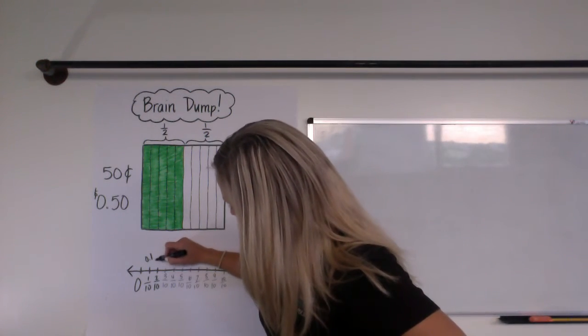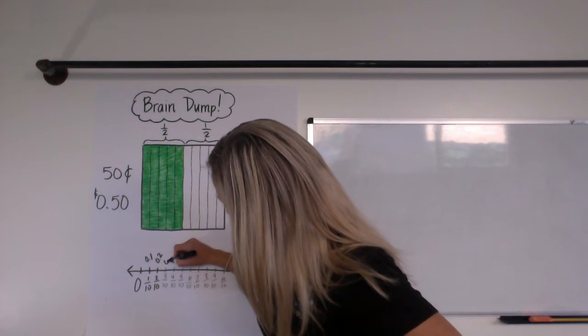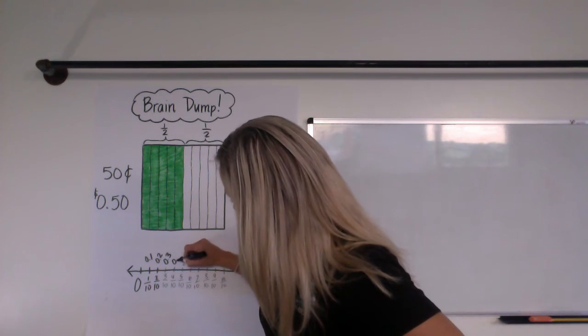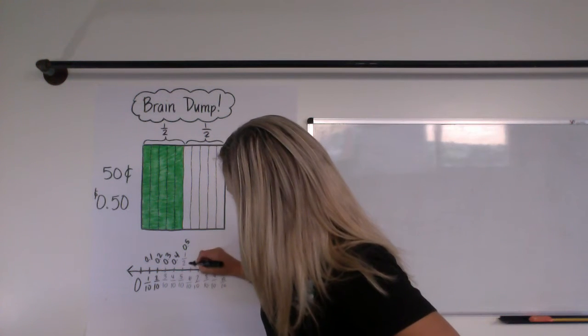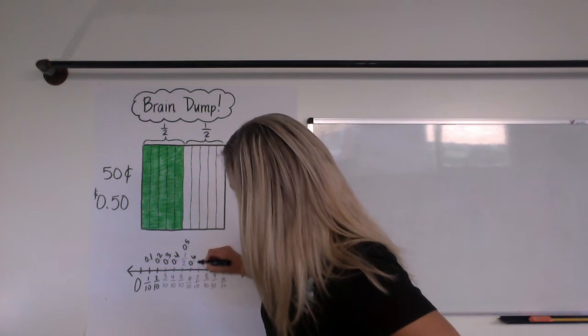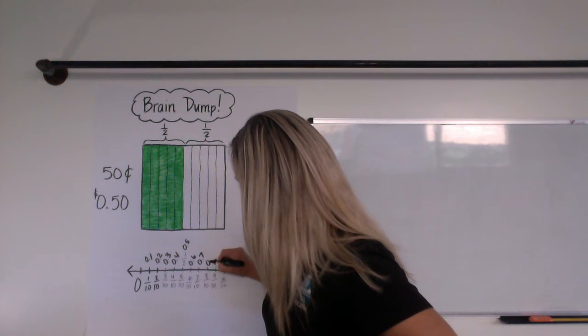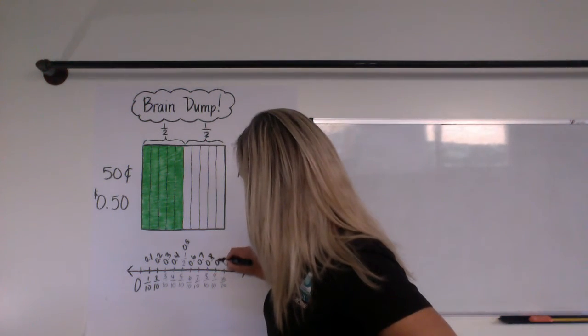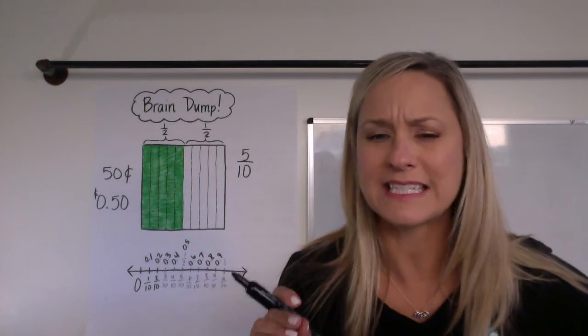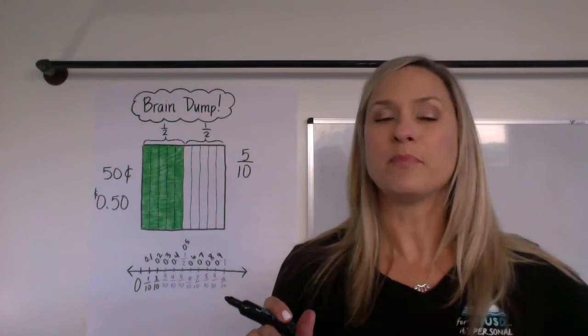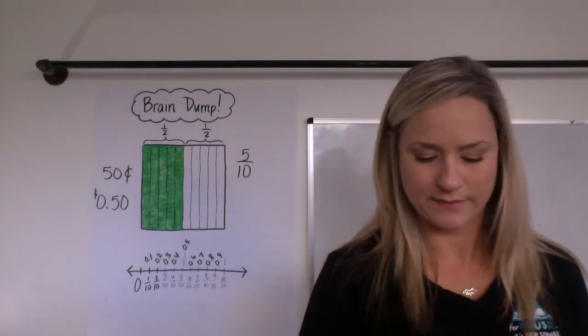So this would be 1/10, 2/10, 3/10, 4/10, 5/10, 6/10, 7/10, 8/10, 9/10.